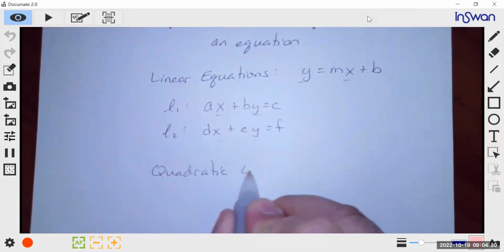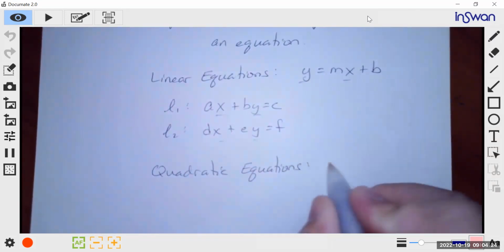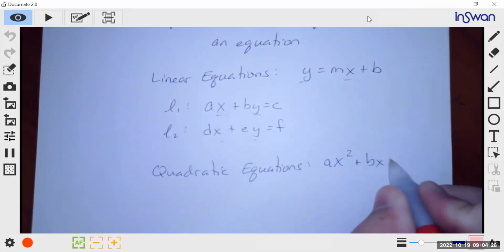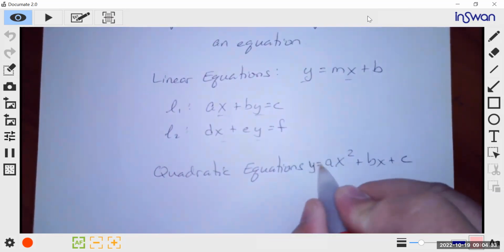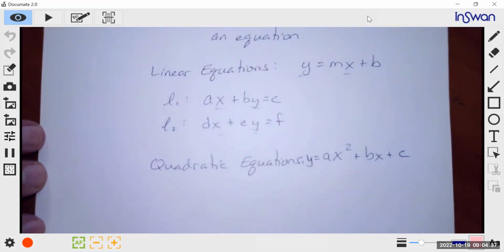For example, quadratic equations look like this: y equals... How many variables are in there?